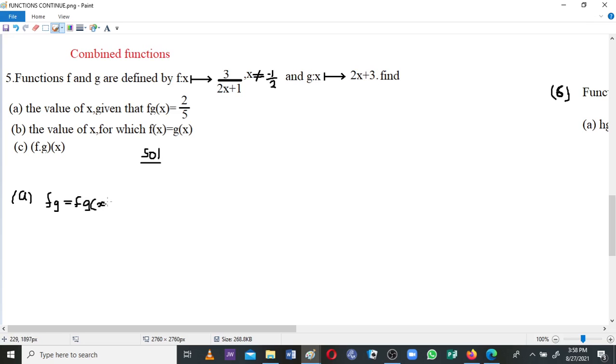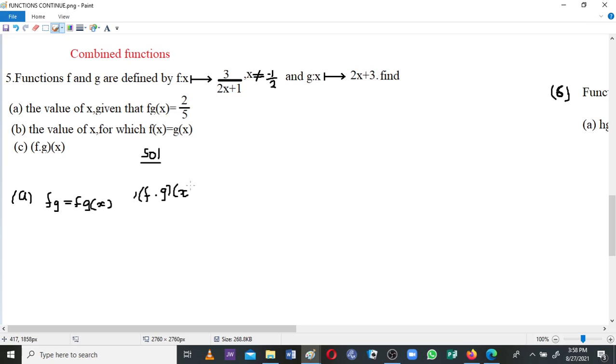This is very much different from multiplication of functions. When we are talking about multiplication of functions, it is denoted by f, there you have a multiplication, that's f multiplied by g, and this would be inside the brackets, and there we're going to have x.